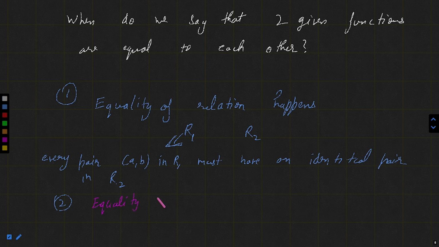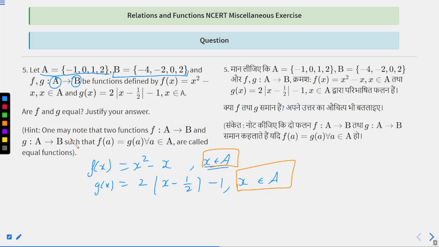Equality of codomains. Both relations R1 and R2 have the same codomains. So in short, the function f from A to B and g from A to B, as you can see, have the same codomains as well as the same domains.